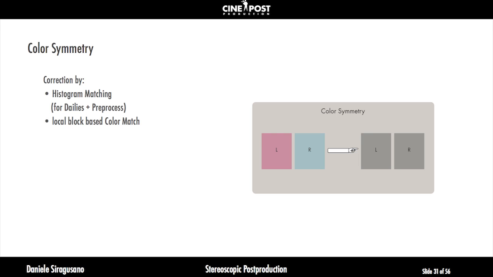Again, automated. For the dailies, we have to do a pretty fast, one click for each shot thing. It has to be robust, really precise, and fast. What we're doing is so-called histogram equalization, or histogram matching.